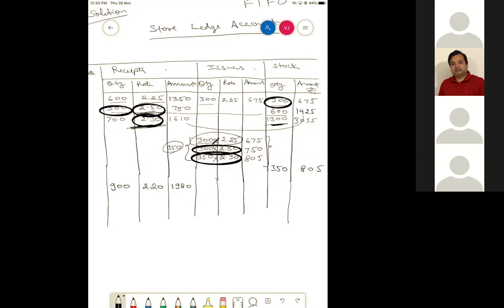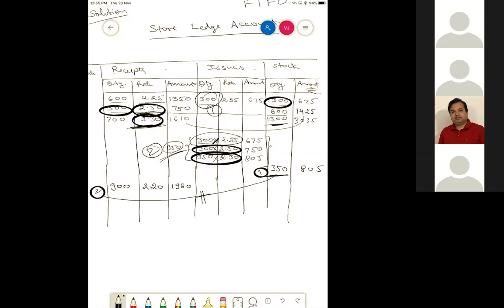And next, the issues. We have made an issue of 300, the first one. The second one we made of 950. Now the third issue we have to make, but before that, let us write down the balance on the stock side. Now you are left with 350, the first, the second. 350 plus, you add up. How much quantity are we left with? 1250.